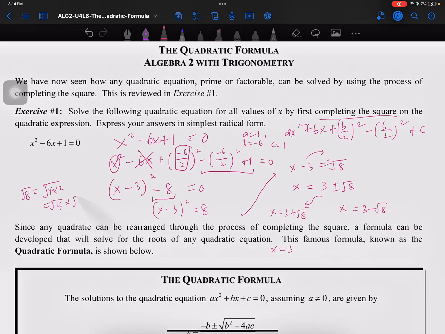Root 4 times root 2, which is 2 root 2. So plus 2 root 2. The other one is 3 minus 2 root 2. So by completing the square, we found the roots, and they are already in simplest radical form. The numbers inside the root cannot be simplified further.